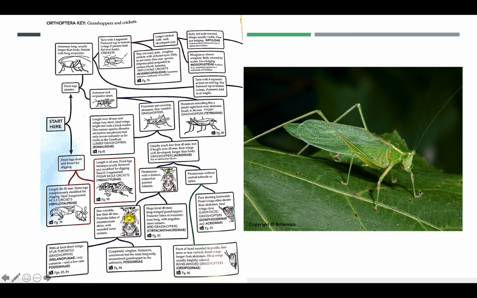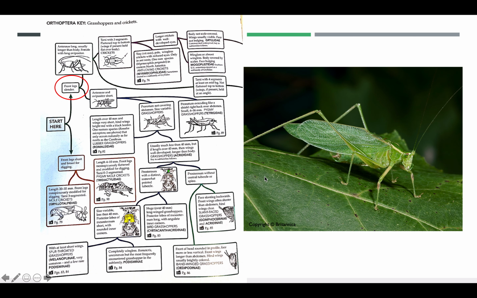Yeah, they are kind of short, but they are more slender than they are broad. And sometimes taking a look at these pictures that they offer can help. So this is a mole cricket, and it has really broad, thick front legs used for digging. So yes, this is going to be a slender-legged orthopteran.